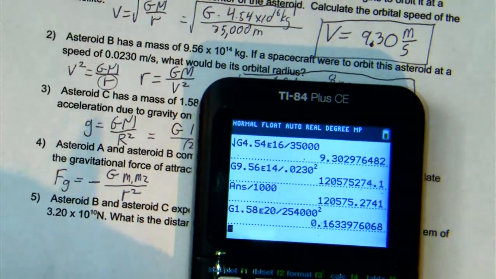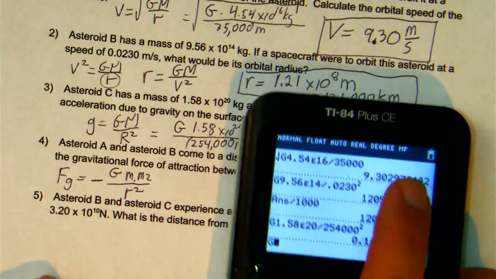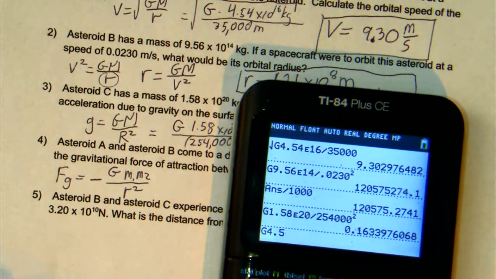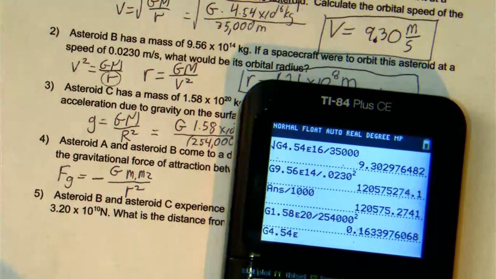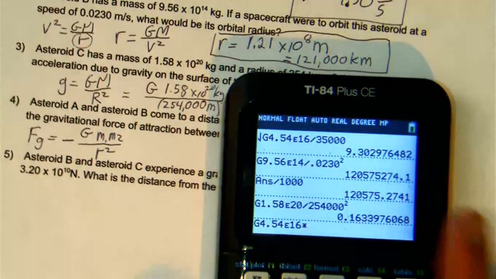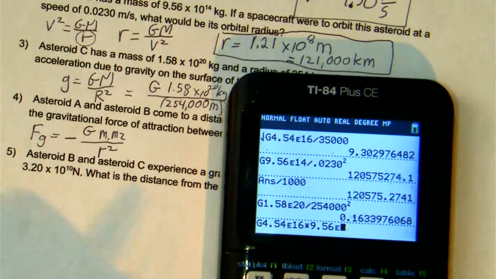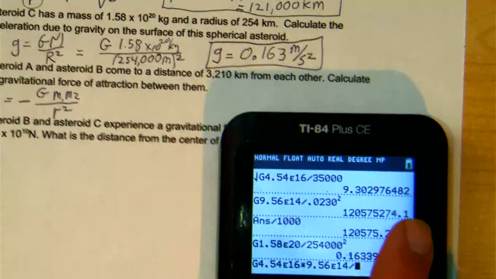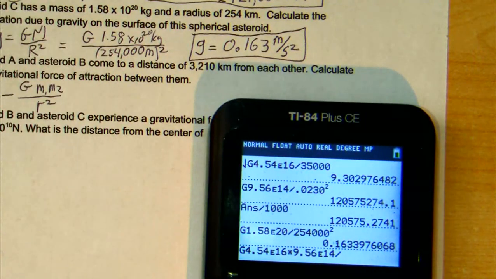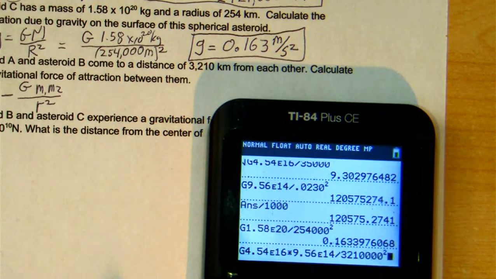So, G, asteroid A had a mass of 4.54 times 10 to the 16th power. Asteroid B had a mass of 9.56 times 10 to the 14th power, and the distance from the center of one to the center of the other is 3,210,000 meters, and you're going to square that distance.